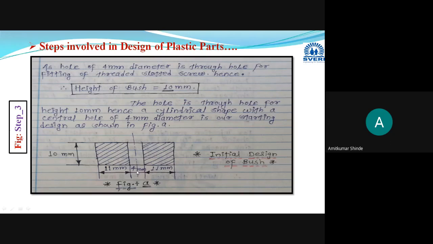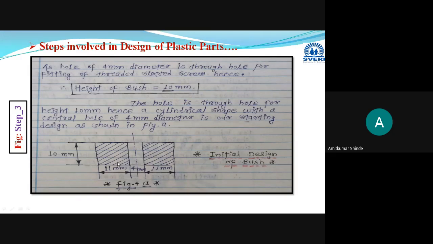A large amount of shrinkage will occur, then warpage will take place, then sink marks will be there, and a large amount of thermal stresses may get created. If we decide this as our final design and try to manufacture it, due to this heavy section sink marks will occur. Initially shrinkage will occur, then warpage will be there.